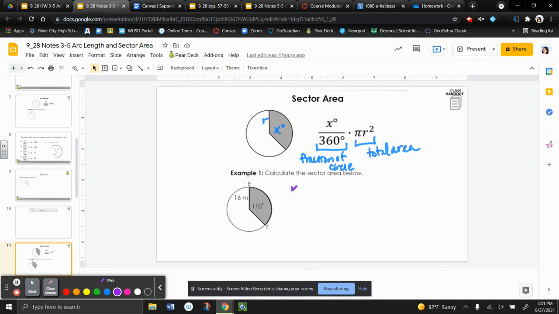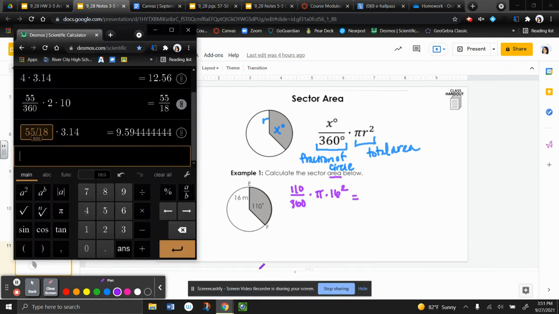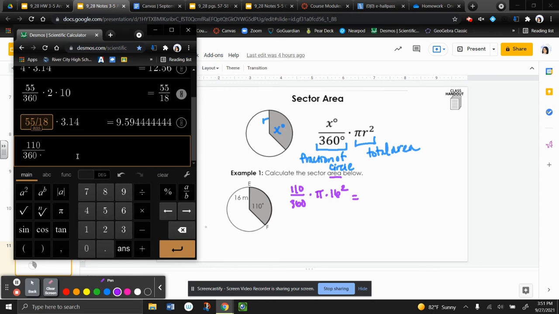So in this case, our fraction is going to be 110 over 360 times, and then since we're trying to find sector area, we're going to do pi times my radius squared. Okay, so to get my exact answer, our fraction over 360, we're going to skip over the pi, and we're just going to type in the number to get our answer in terms of pi.